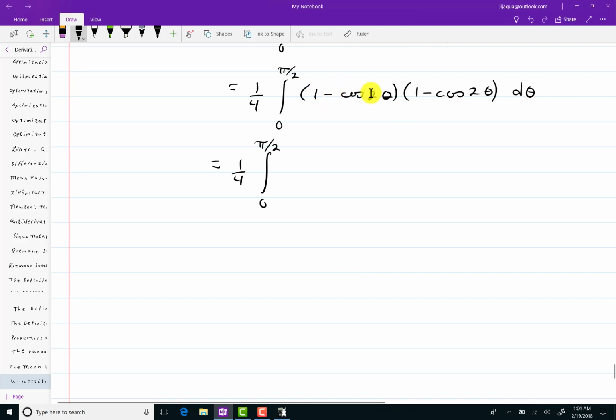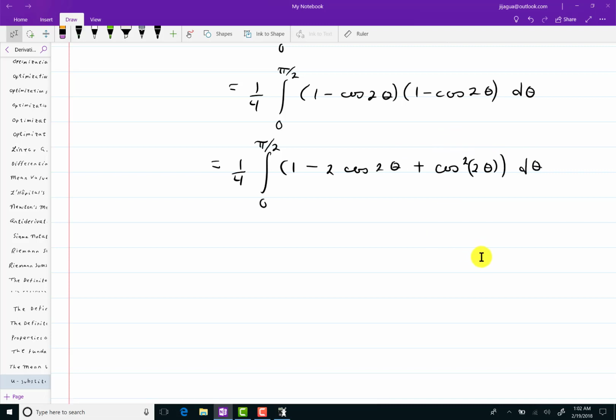I will end up with 1, when I do the 1 times 1, that's the first. And then you've got the outer one, so I'll have negative cosine of 2 theta, and then I'll have another negative, so minus 2 cosine of 2 theta. But then I will have plus cosine squared of 2 theta. I'll put the 2 theta in parentheses just for that one because of the squared that's involved.